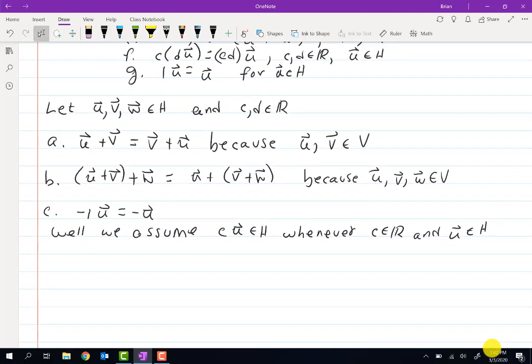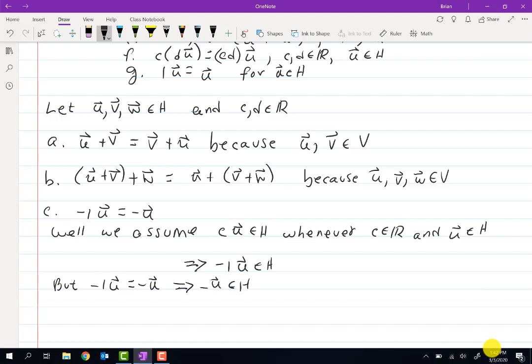That implies that -1 U is in H, because -1 can be a C, or a scalar. But we know that -1 U equals negative U, so that does imply that negative U is in H.